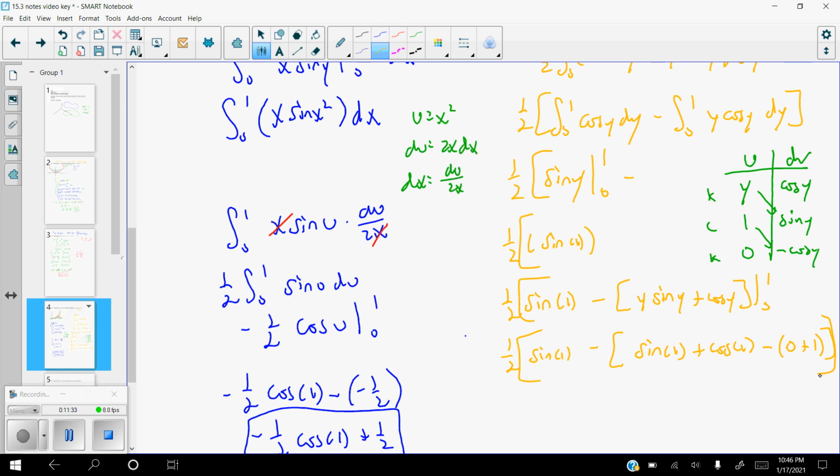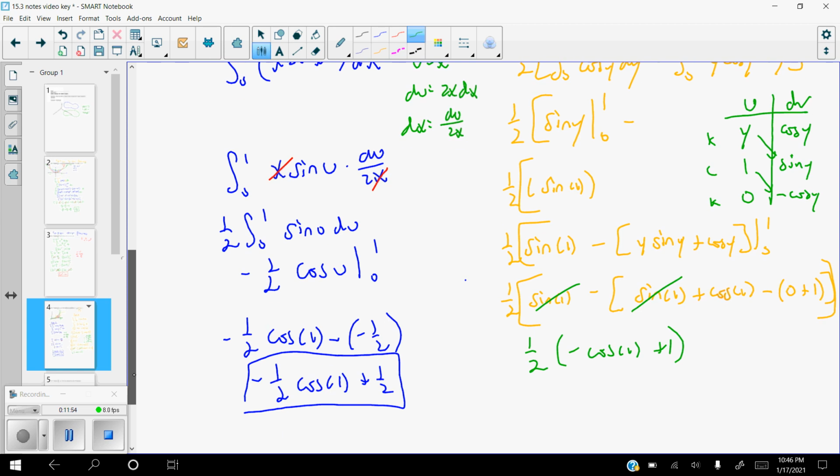All right, so inside the double bracket there, it looks like I get sine of 1 minus the sine of 1. That's gone. I'm going to get a negative cosine of 1 and a positive 1. So I'm going to get 1/2 times negative cosine of 1 plus 1. And if I distribute that 1/2, I'm going to get exactly the same thing that I did on the other side. So they do work out.